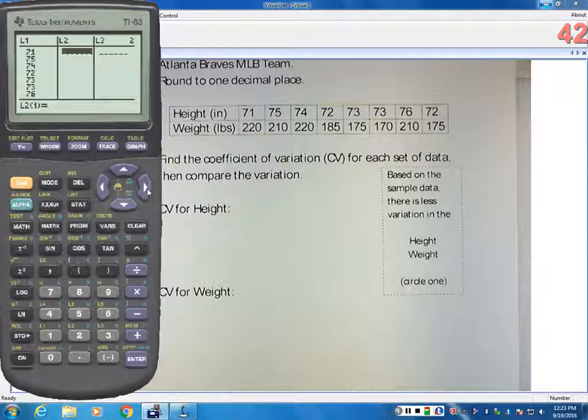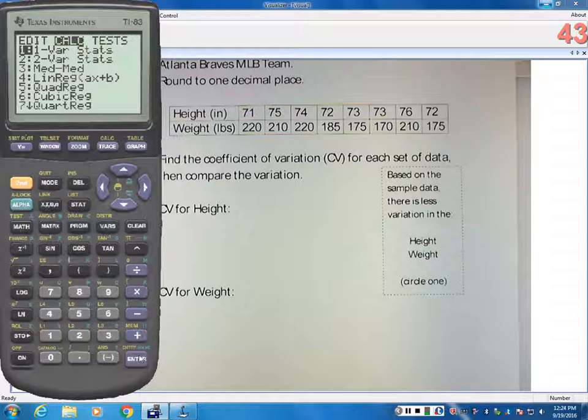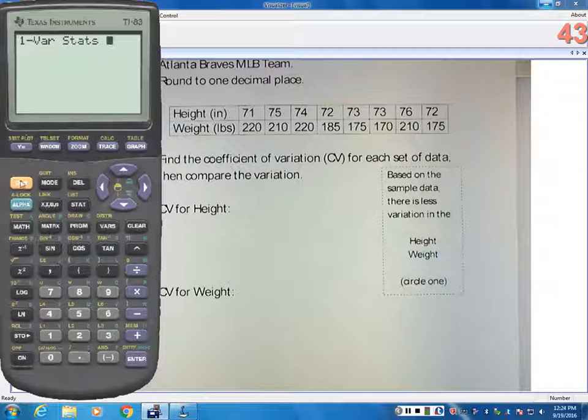And then their weights in list 2. And we're going to calculate the mean and standard deviation for both. So first, we'll go stat, over to calc, 1-bar stats, second and the number 1 for list 1, and get that information.